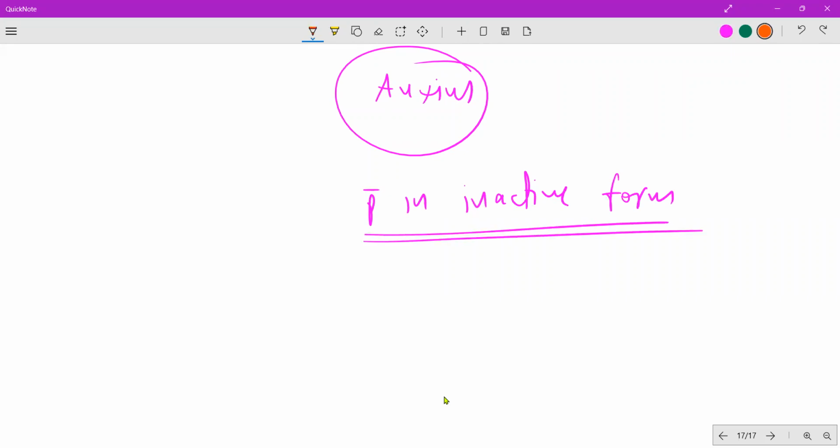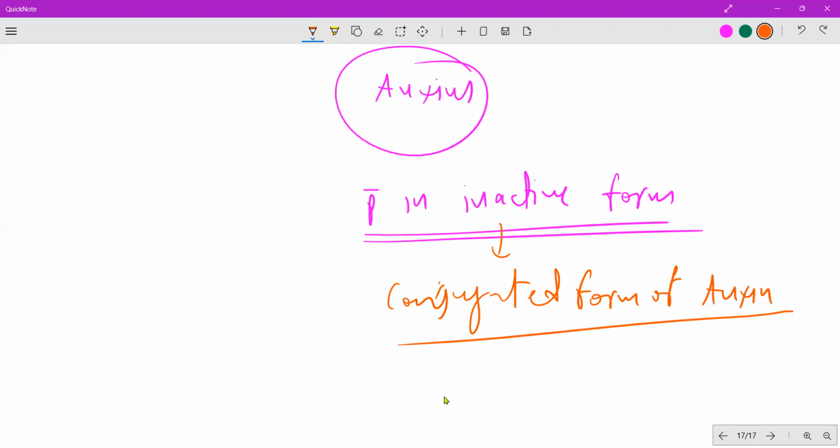And what do we call this? This is called the conjugated form of auxin, which is the inactive form of the auxin. Okay, and we know this form is hormonally inactive.